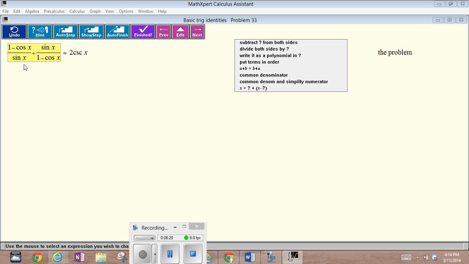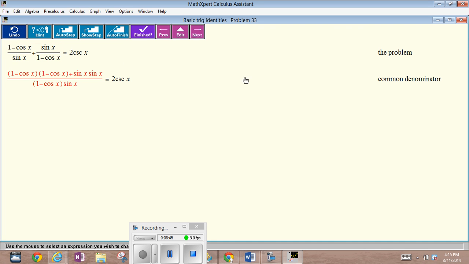So think ahead. If the common denominator is sine of x times 1 minus cosine of x, then what's going to happen? We're going to multiply these for the denominators. This first fraction is going to receive the 1 minus cosine x in its numerator. The second fraction is going to receive another sine x in its denominator. So you'll see that happens right here.